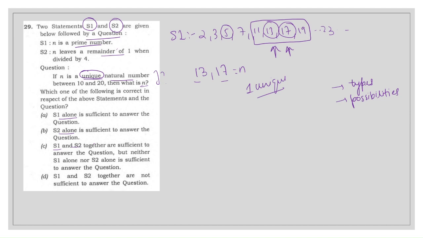If they gave any other such satisfactory clue to identify whether the number is 13 or 17, then maybe they would have been sufficient. So the correct option here will be S1 and S2 together are not sufficient to answer the question, just because they are focusing on the word unique natural number, and here just on the basis of these two statements, we are having two such answers. That is the number 13 and 17.